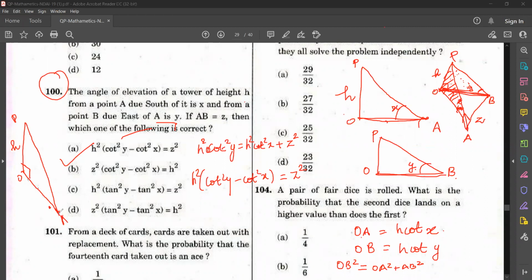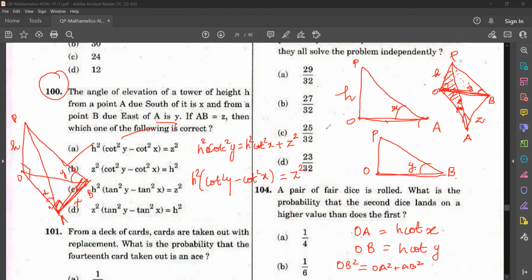Now from a point on the east of A, due east, from this point B, I am looking at the tower again. So this is X elevation from A. This is elevation from B. Then this AB, they have given as Z. Now this angle is 90 degrees.